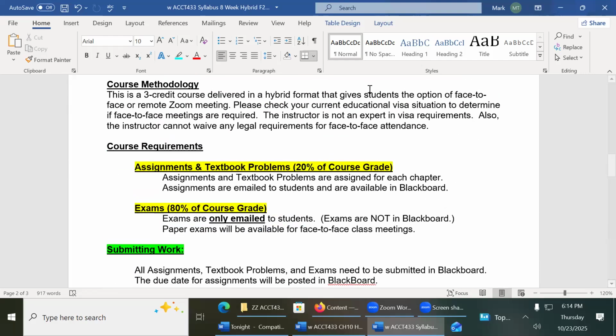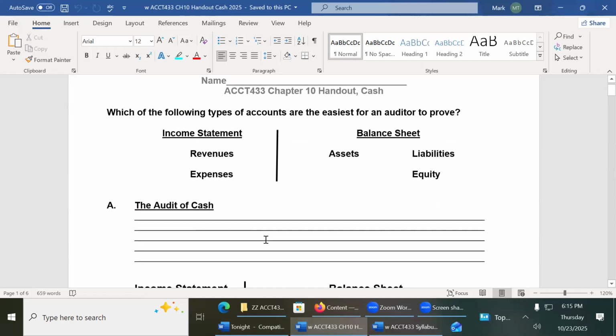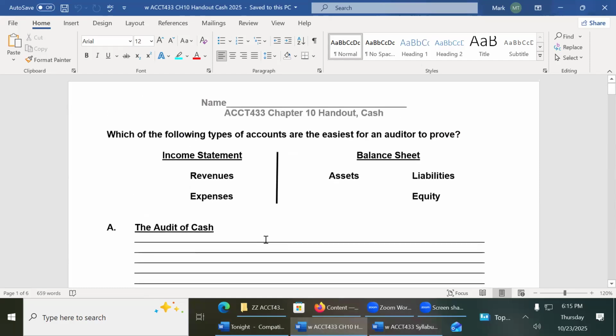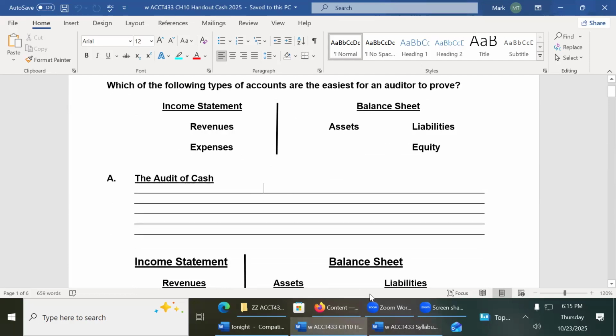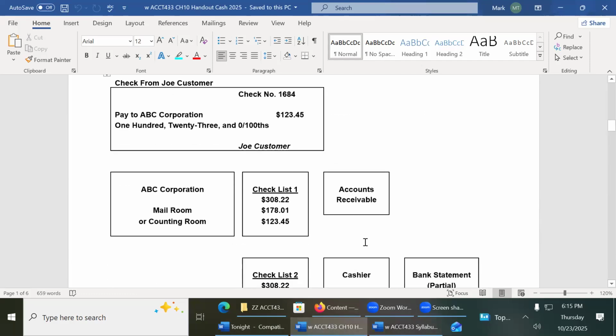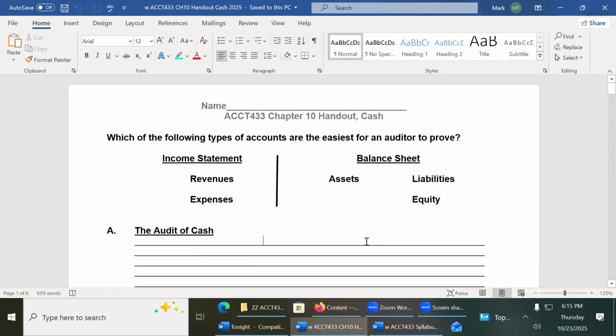So let's go to the handout. Okay, so the chapter 10 handout. And by the way, a lot of the stuff that I have in here comes out of the book, and it's also a little bit more interactive, say.